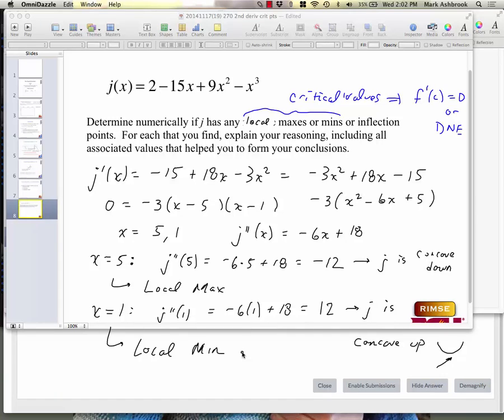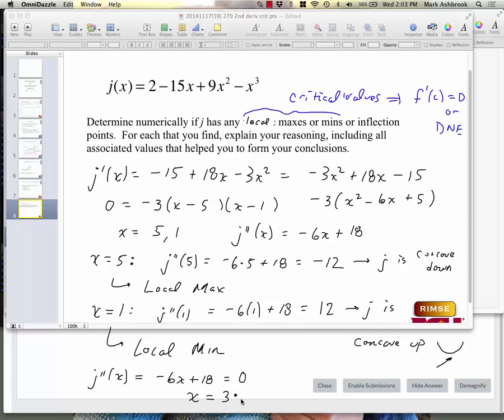Okay, are there any inflection points? Remember, inflection points mathematically means that? Remember what we said last time about inflection points. You had some in your homework. The second derivative is undefined or 0. So if we set the second derivative equal to 0, we get x equals 3.